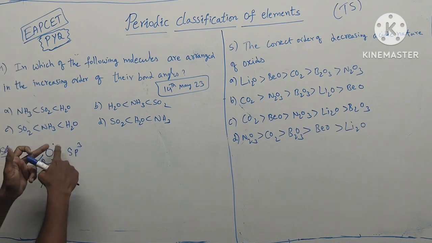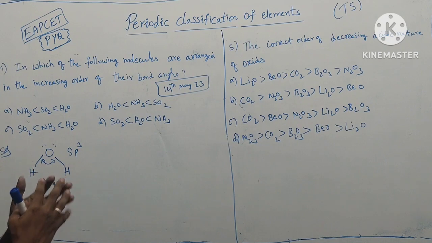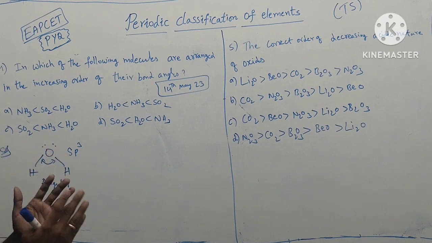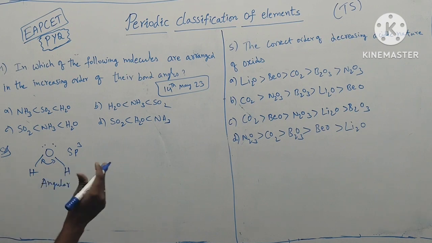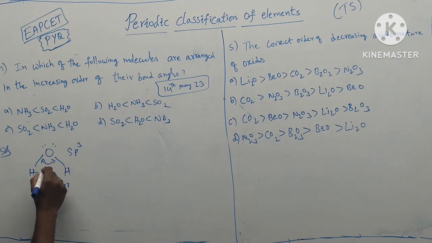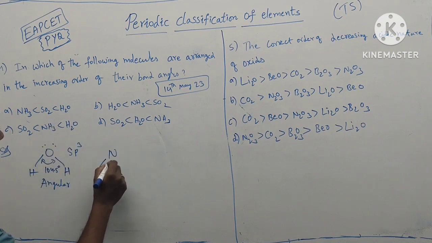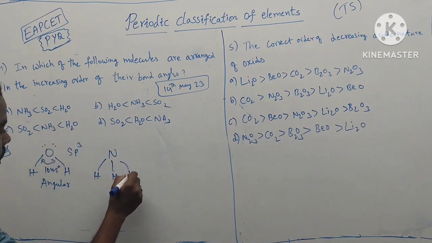But due to the presence of two lone pairs of electrons, lone pair repulsions decrease the bond angle from 109 degrees 28 minutes to 104.5 degrees. Next, NH3 also has sp3 hybridization.